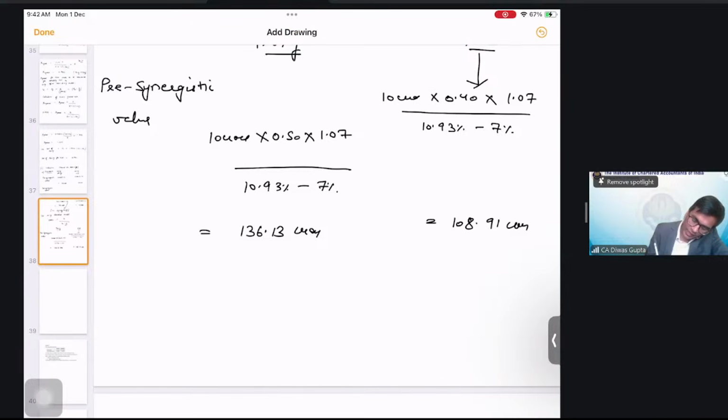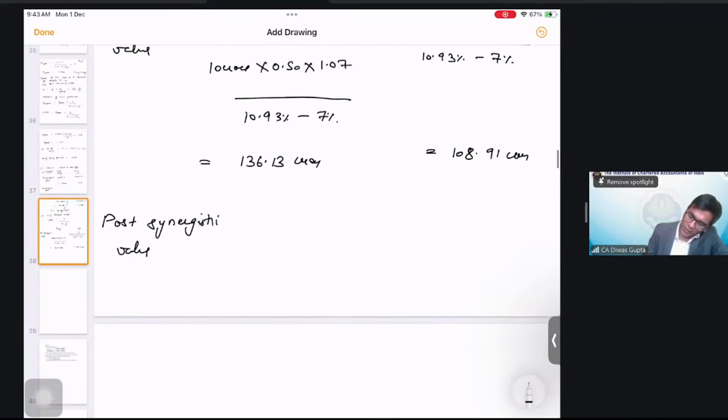Then we will have post-synergistic values. Now in this we will add the synergy of 10%, right? So 10 crores multiplied by 1.10 multiplied by 50% as dividend payout and 1.07 for the growth rate.